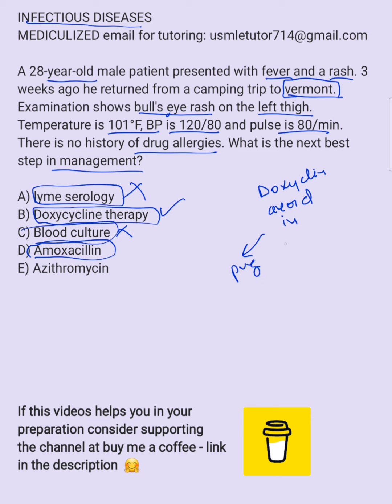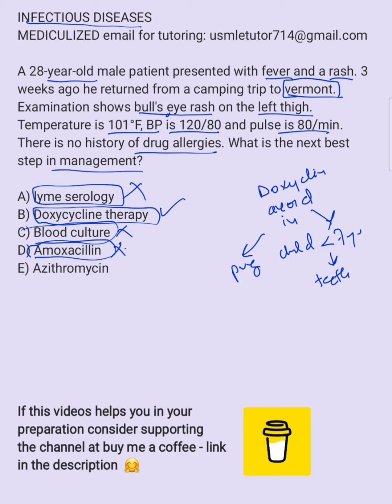If they say in the vignette that the patient is pregnant, avoid it, because it can cause fetal bone abnormalities, and it can also cause fetal teeth staining. Also avoid in children less than 7 years, because it can also cause teeth staining there as well. So avoid in these two scenarios. In those cases you can use amoxicillin.